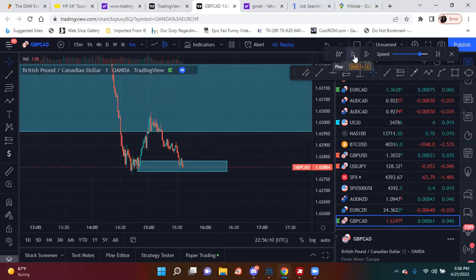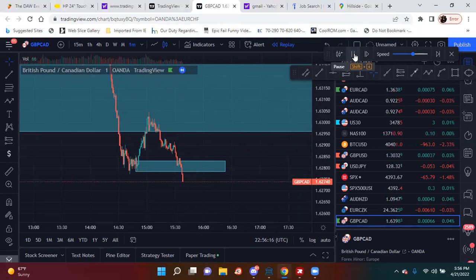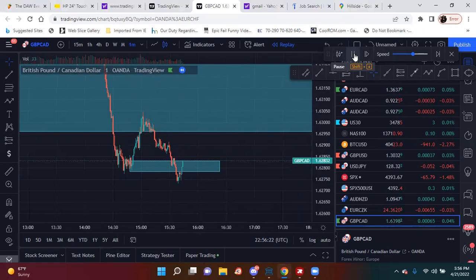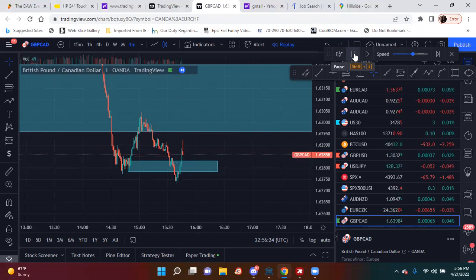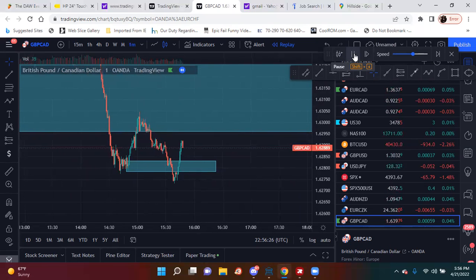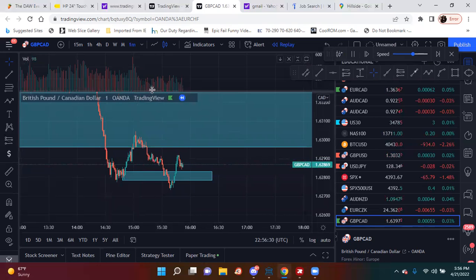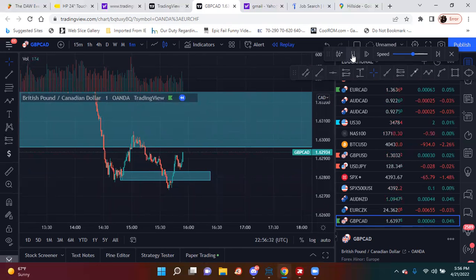So look, see right here, it's inside the zone. Let's see what happens. See, now it's below the zone. And then it goes up. See that? The whole time, the volume is looking like the institutional traders are trying to get in. So what I did is this.